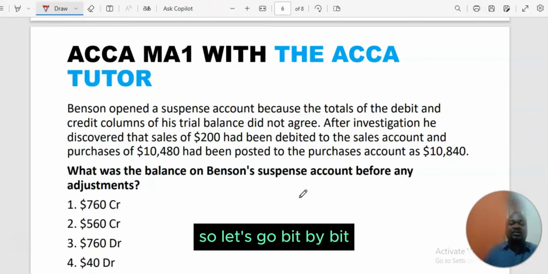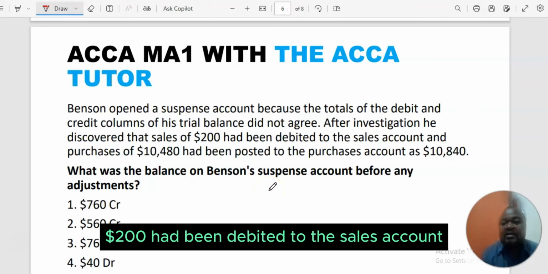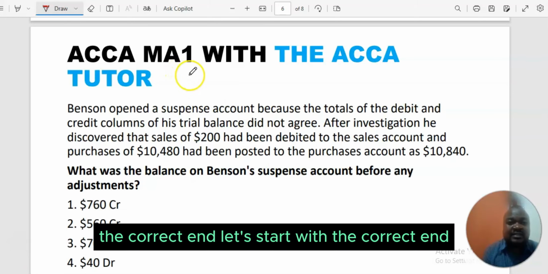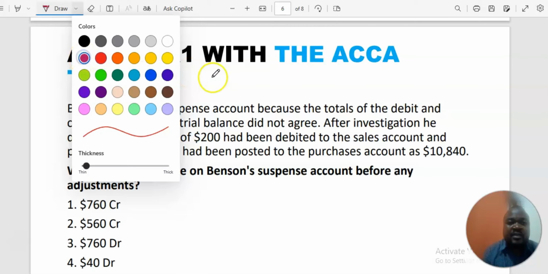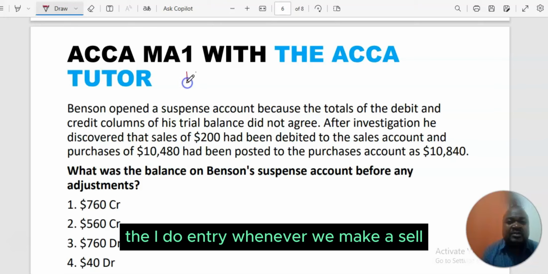Those are the questions you need to answer to arrive at a perfect answer. So let's go bit by bit. The first thing, he discovered that the sales of $200 had been debited to the sales account. Let's start with the correct entry, or the ideal entry.